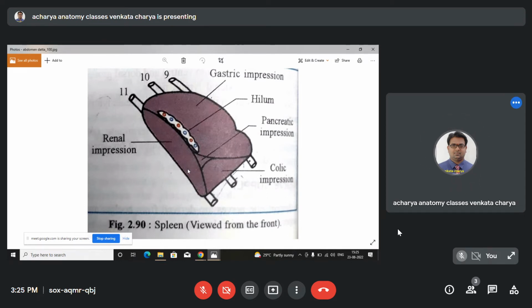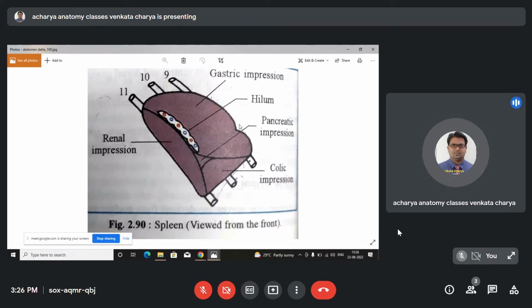Three borders. Next, it consists of two ends: anterolateral end and posteromedial end.